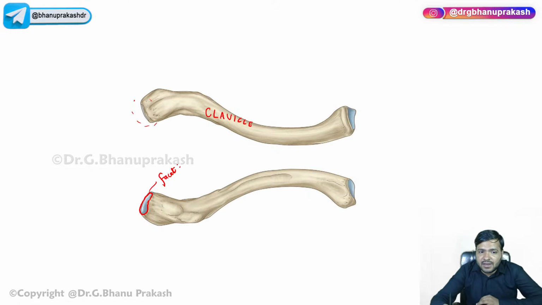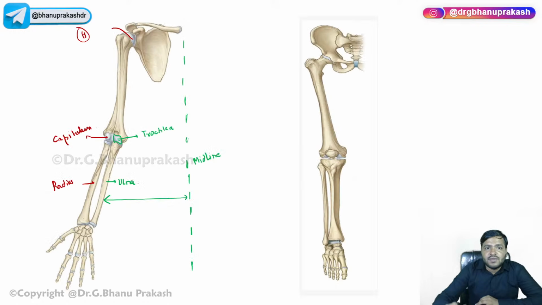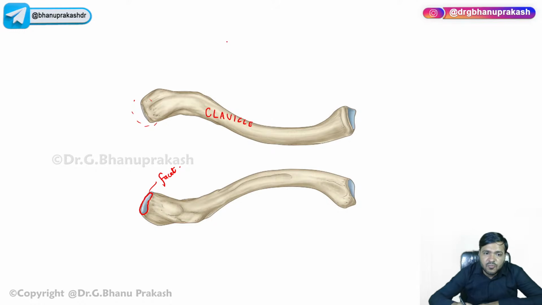This part is forming the joint, and I've already talked about it: this is the acromioclavicular joint, which we discussed in previous sessions. So the facet is a flat or concave depression, right? I hope this is clear.